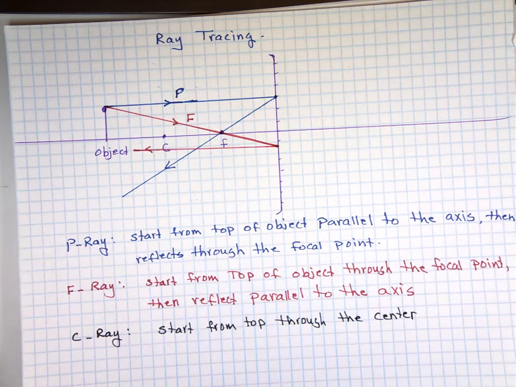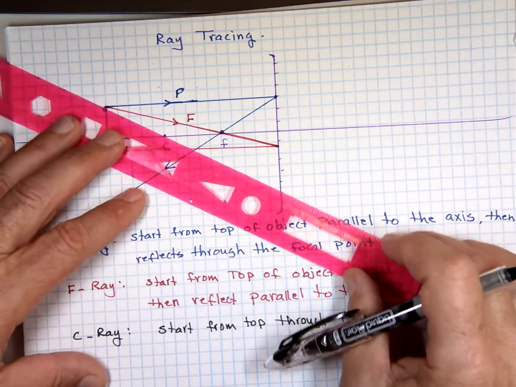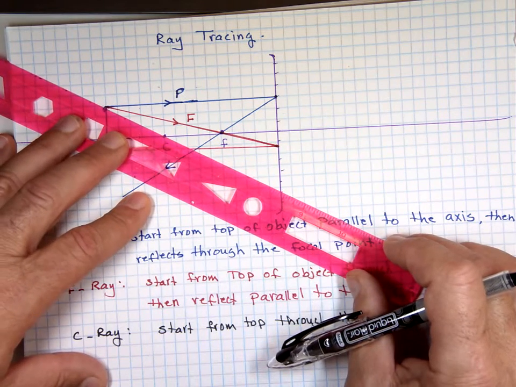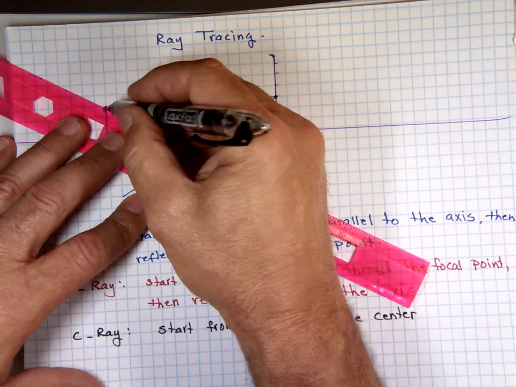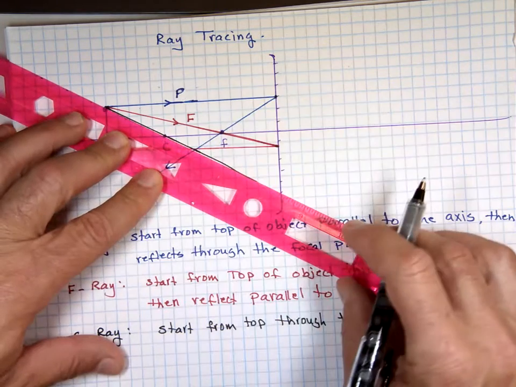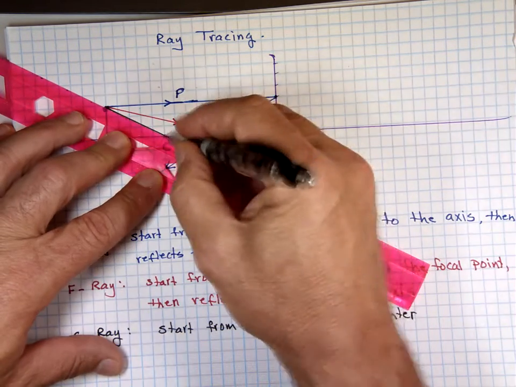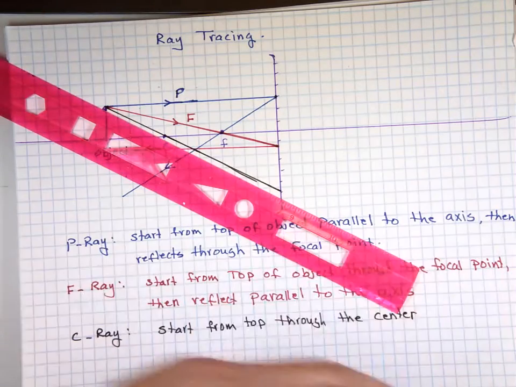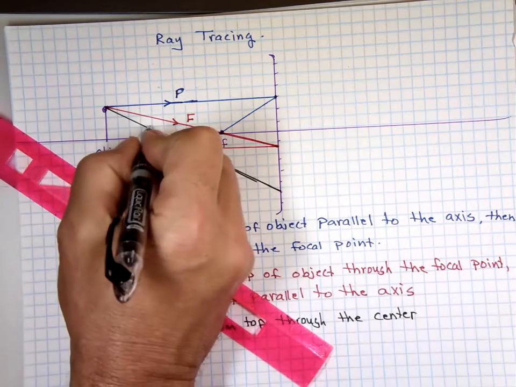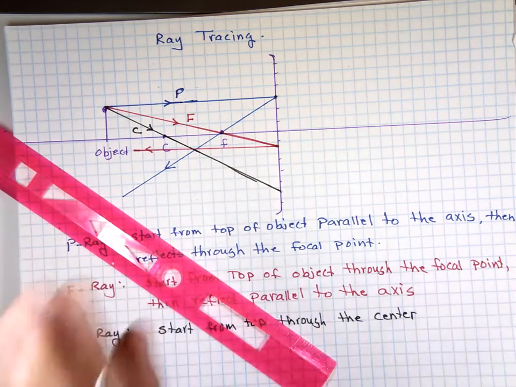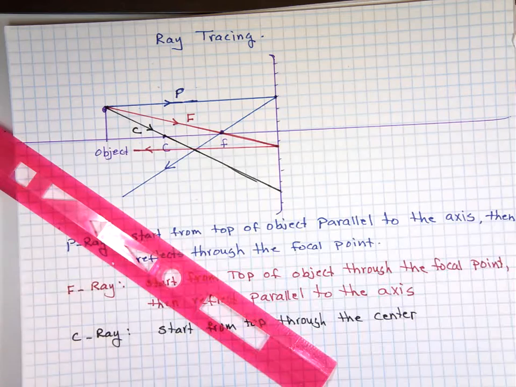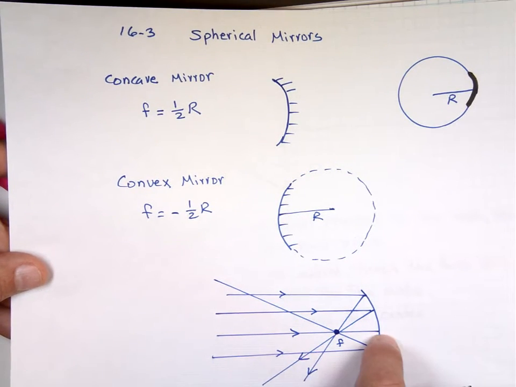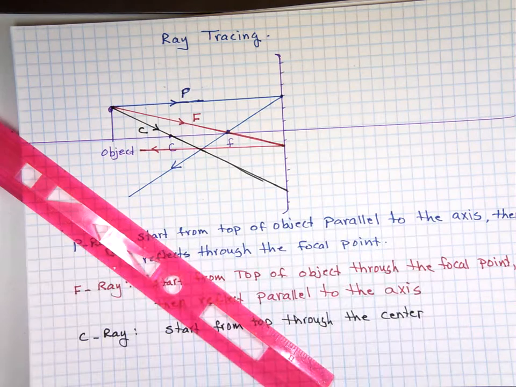Well, if going from the center to an object, remember this is coming from a sphere. Any line that goes from the center to the sphere is going to make a 90-degree angle. It's going to be a normal line. So this really makes a 90-degree angle with the mirror, but I made the mirror look straight, but it's not. You know its curvature, but I try to pretend it's a straight line. That's the C ray. Since that hits the mirror at 90 degrees, that's this ray right here. This beam going through the center, hitting that mirror, bounces back, reflects back through the same point.